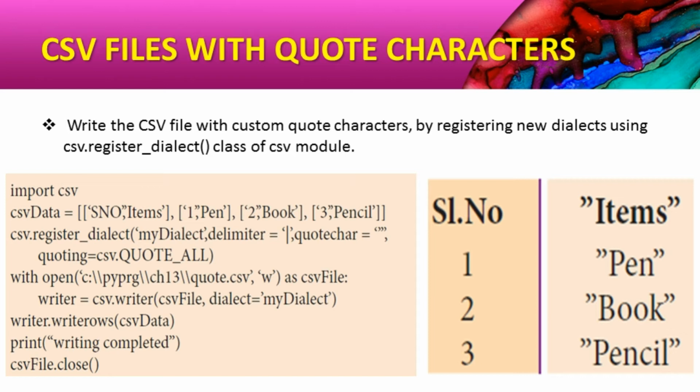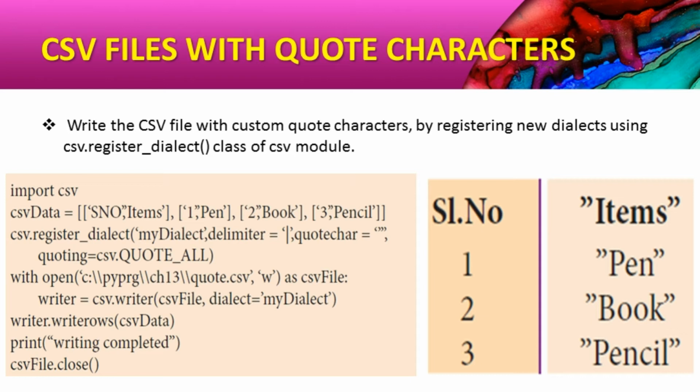So in this csv file we are going to write each and every data. Print writing completed. After each and every row is written, just print the statement writing completed, then the csv file will be closed.